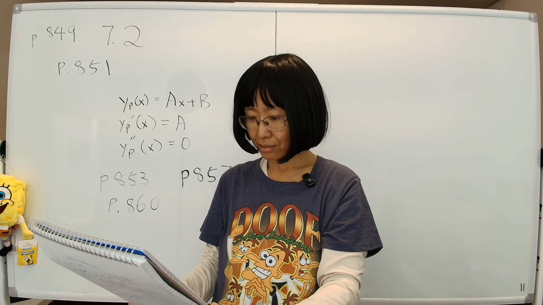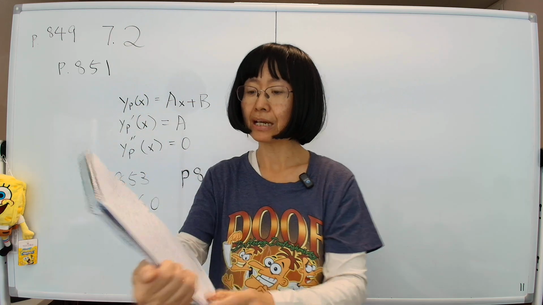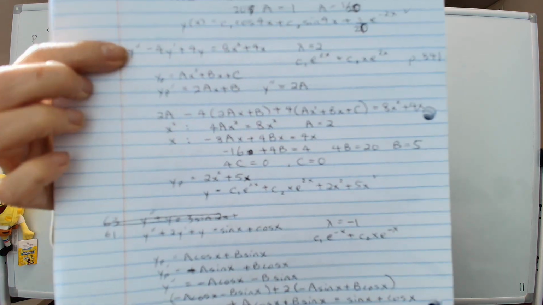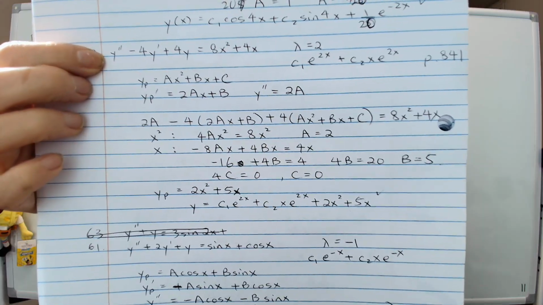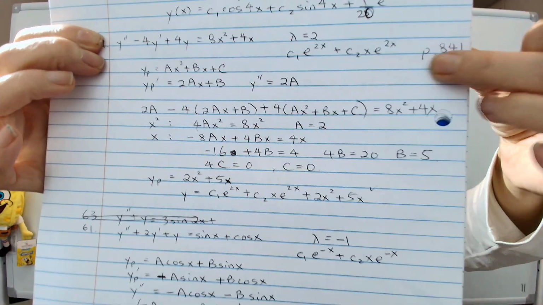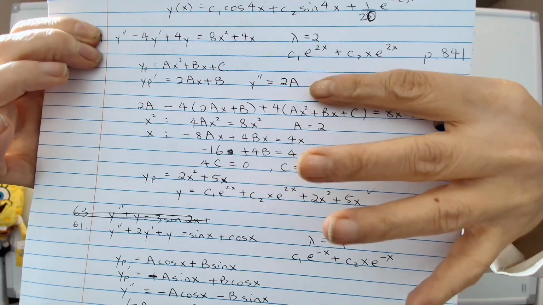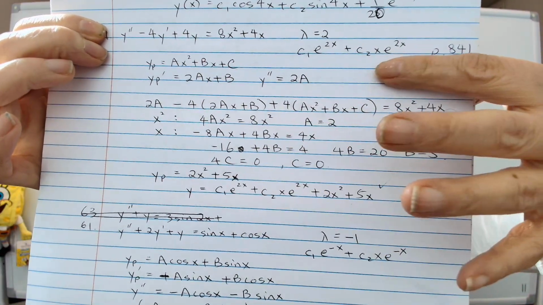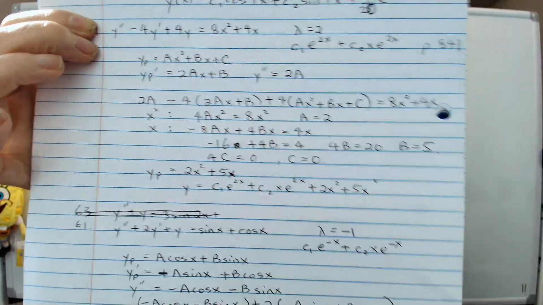So that is good. And then next, let's look at problem 59, where the r of x this time equals some polynomial. In the meantime, lambda is a repeated root, okay, over here, so they are the same. And so I follow the rules on page 841, which means when the root is repeated, then the two solutions become the thing itself, and then you add an x to it, okay?